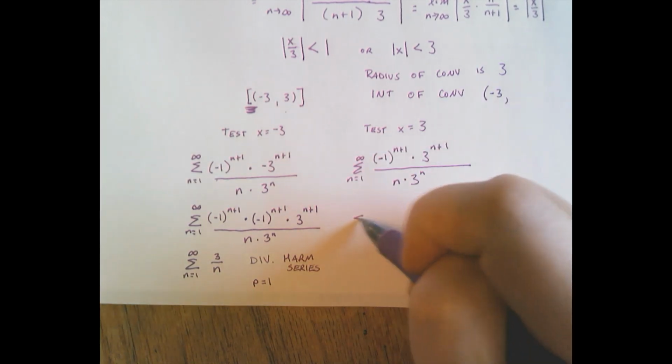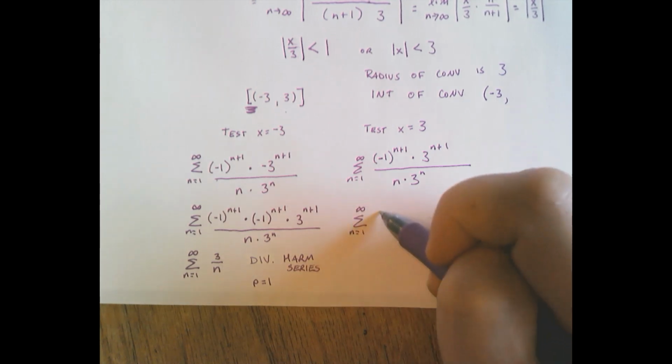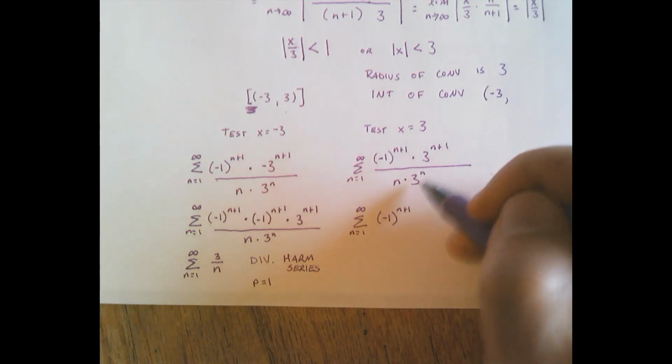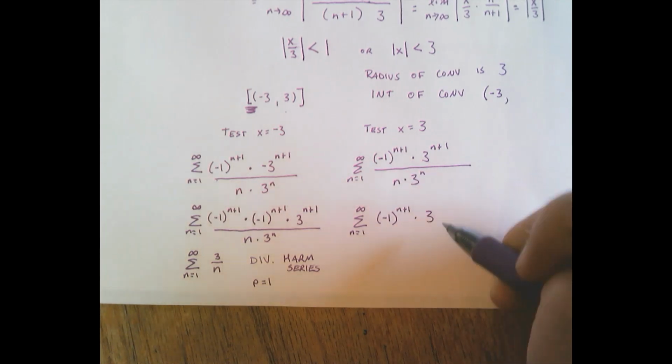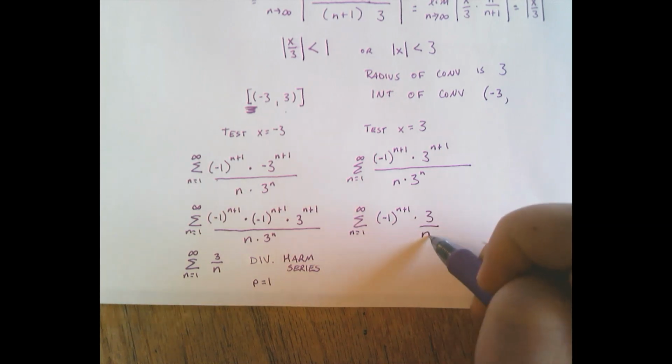And in the process of simplifying this, we get an alternator that does not go away, and then a 3 hangs around in the numerator and an n in the denominator.